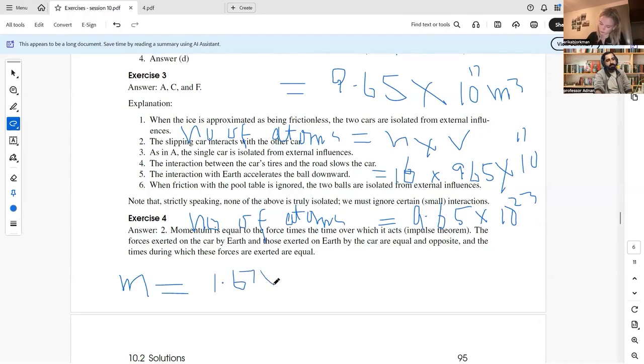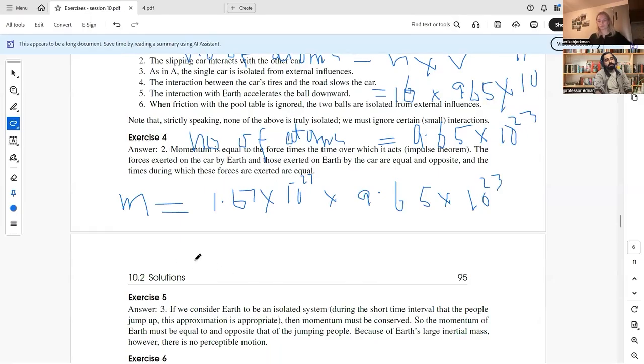1.67, the mass of a single atom, cross 10 to the power minus 27, multiplied by 9.65 cross 10 raised to the power 23, which will result in 1.61 multiplied by 10 raised to the power minus 3 kg.